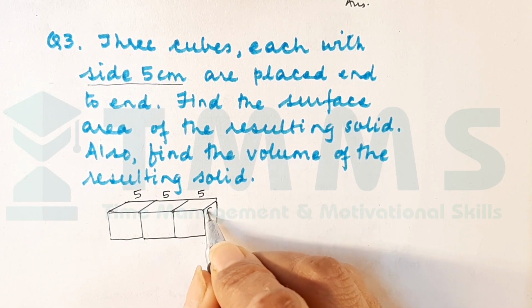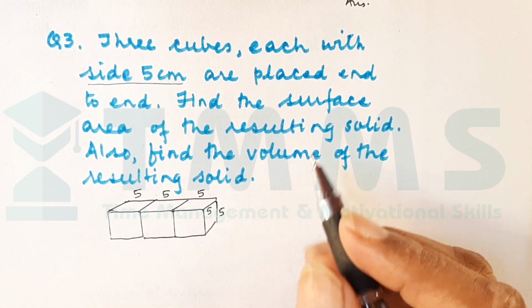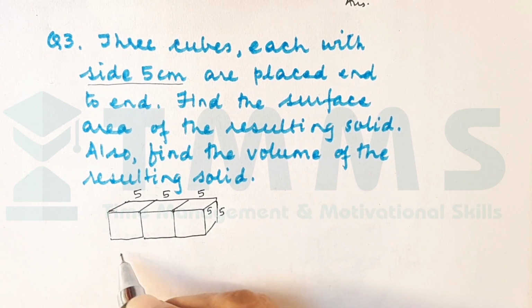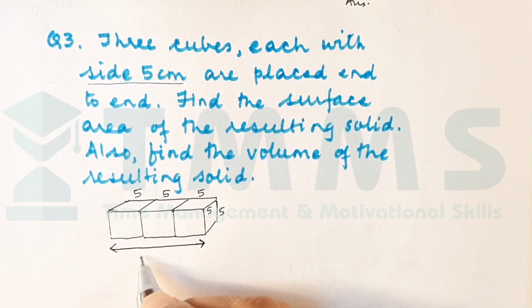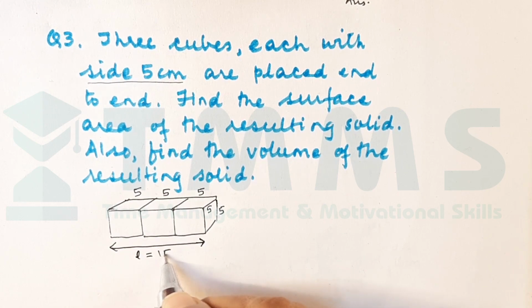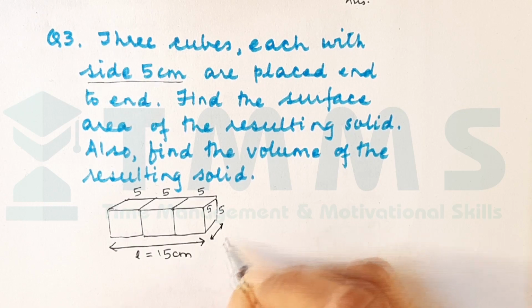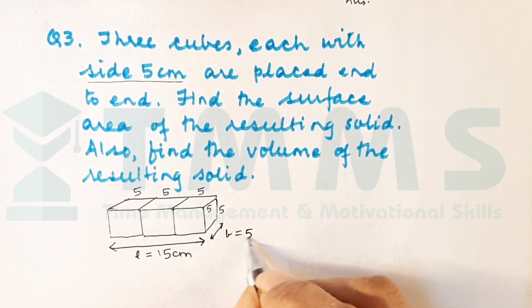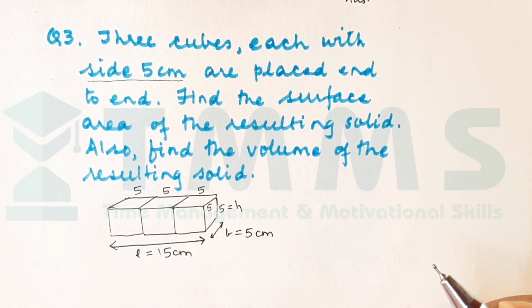The breadth is also 5 and the height is also 5. So, the resulting solid is going to have the length equal to 15 centimeter. The breadth is going to be equal to 5 centimeter and the height is going to be 5 centimeter.